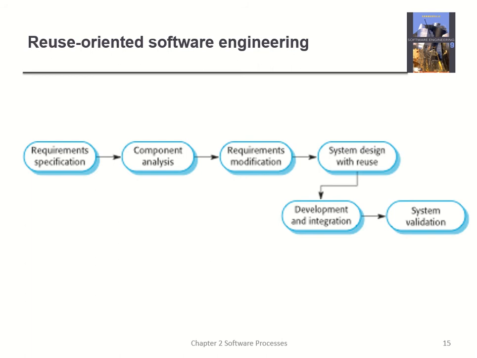These are the stages of the reuse-oriented model: requirement specification, component analysis. In these two stages, you analyze your existing components, and then modify them for reuse for that specific project that you will facilitate.